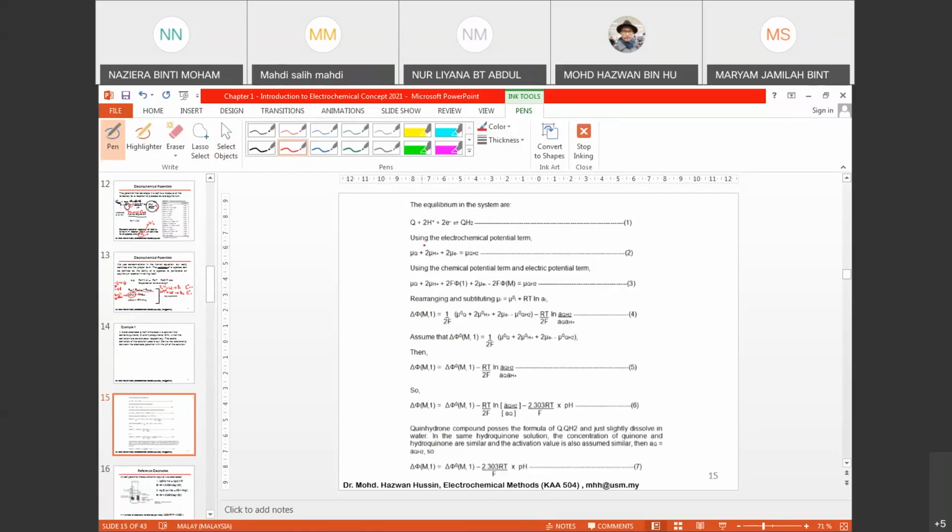So you see over here, that quinone will be reacted with hydrogen ions to produce hydroquinone.